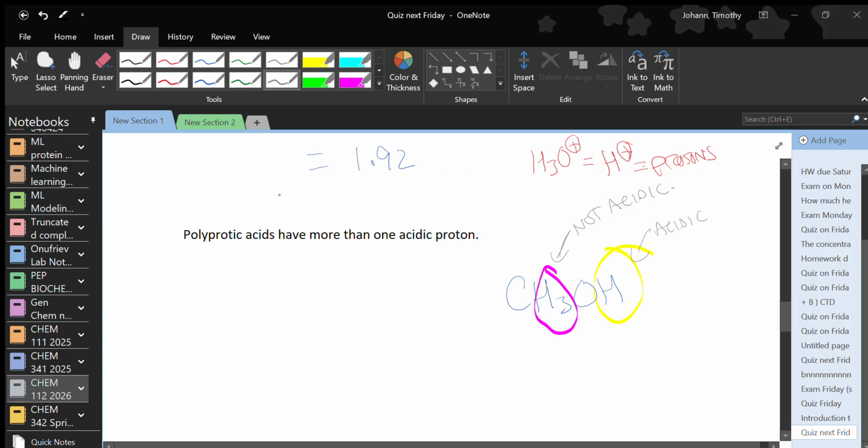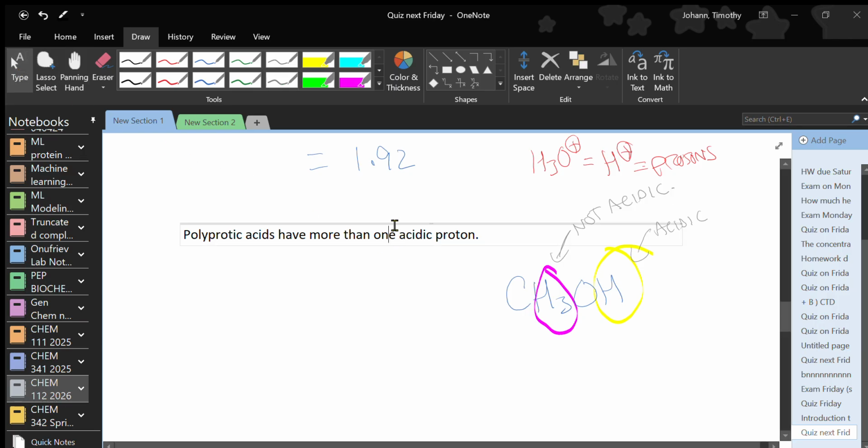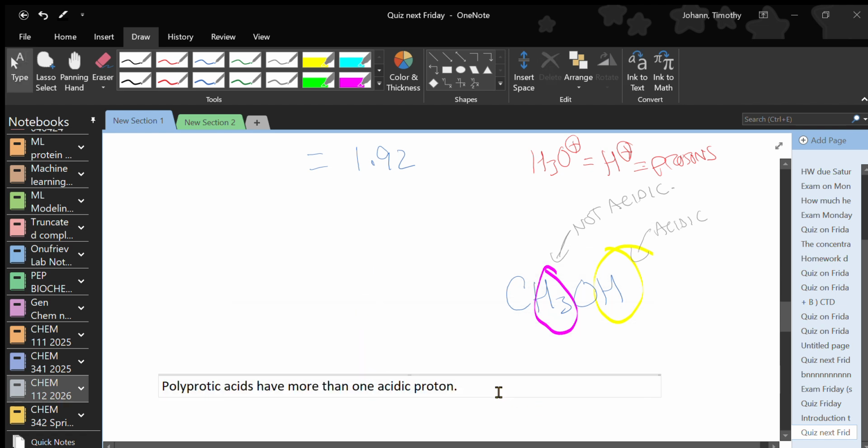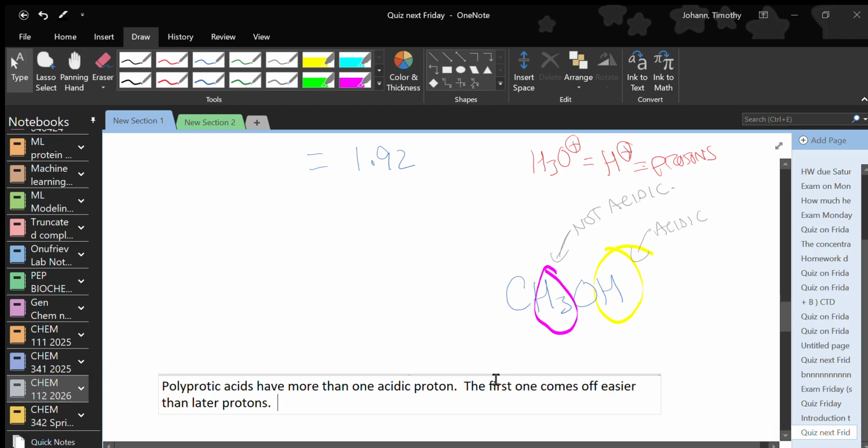So polyprotic acids have more than one acidic proton, and the first one comes off easier than the later ones. If the first one comes off, I'm going to say 100 times easier. We'll see how we calculate that.